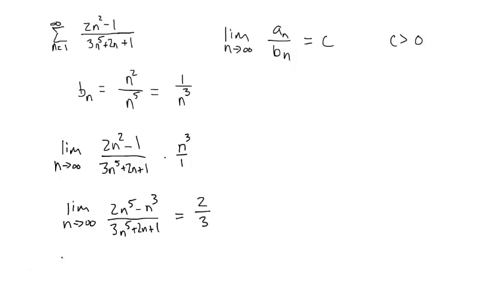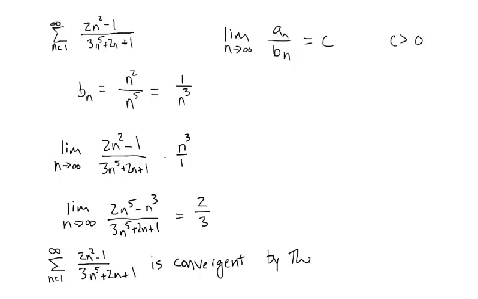So we can say that the series from n is equal to 1 to infinity, 2n squared minus 1 over 3n to the fifth plus 2n plus 1 is convergent by the limit comparison test. And that's all for our video on comparison tests.